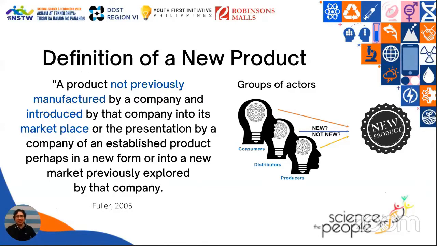We have to understand na pag pinag-uusapan natin yung concept ng newness or kung ano yung bago or not, this can be very relative depending kung sino yung tinatanong natin. Okay? So even among consumers may have a different view of what is new or what is not.